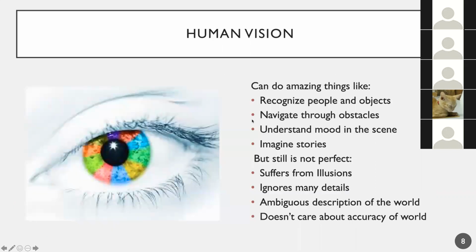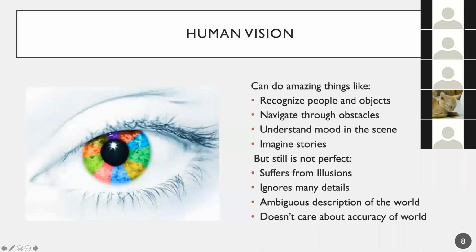So what we see, is it different from what computers see or not? I'm sure you all have an answer. Because our eyes are so amazing, right? We are able to recognize people and objects.